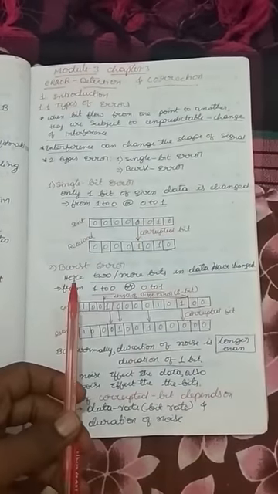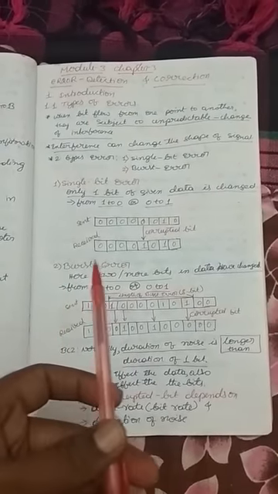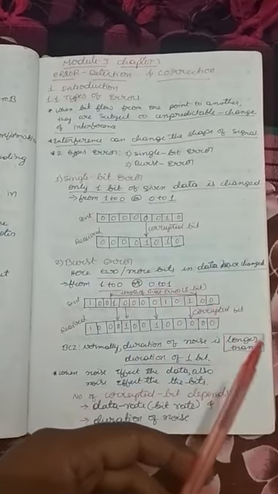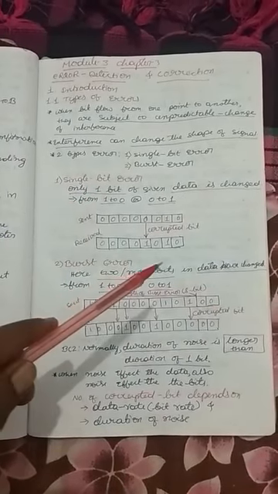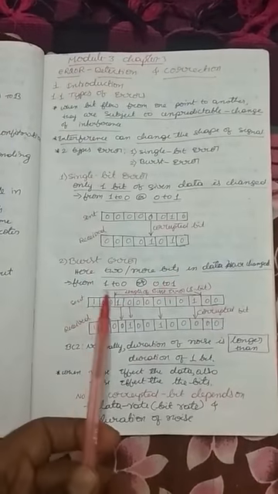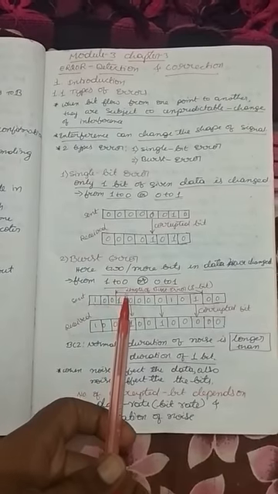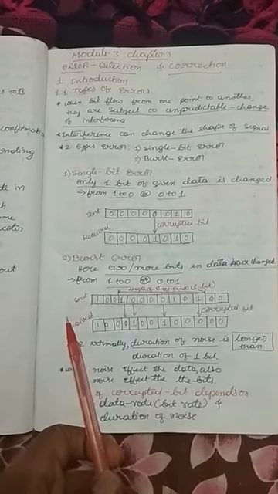Okay, the next one is burst error. Here 2 or more bits in the data have changed, while in single bit error only one bit is changed. Here 2 or more bits change from 1 to 0 or 0 to 1. You can see this is the sent data, this is the received data.